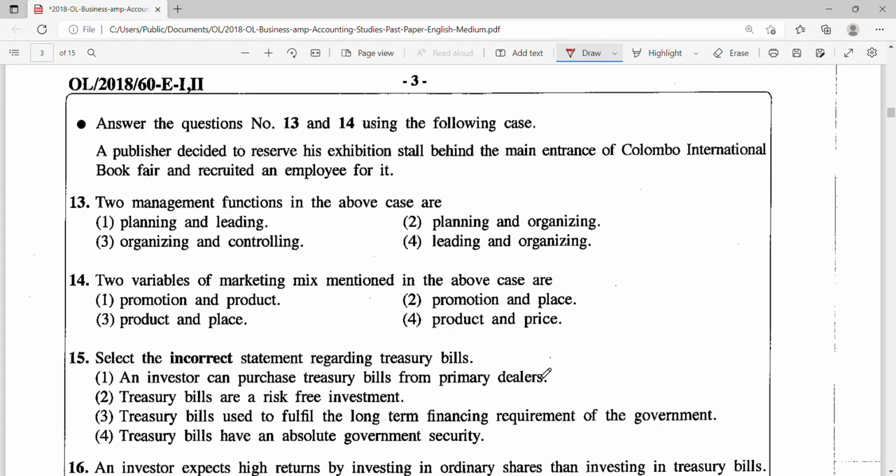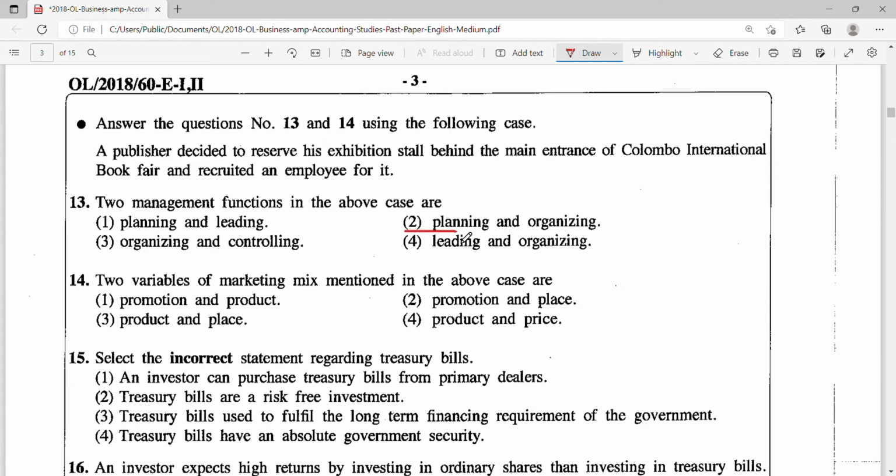You could see the publisher has decided to reserve his exhibition stall. So he has already planned for it. So of course there is planning in this case, and he recruited an employee for it. The publisher has sought the resource needed to achieve the task as well. So here it is planning and organizing.